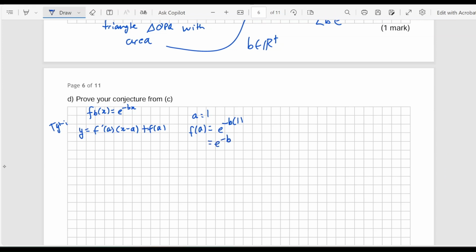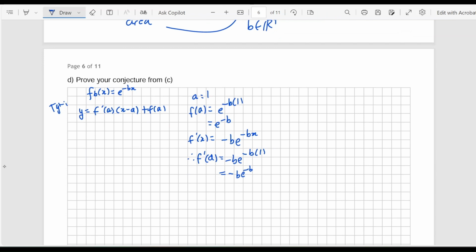That's e to the minus b. And f dash of x, I should say, is going to be minus b e to the minus bx. Therefore, f dash of a is minus b e to the minus b lots of 1, which is minus b e to the minus b. So the tangent equation is going to look like minus b e to the minus b, times x take 1, plus e to the minus b.